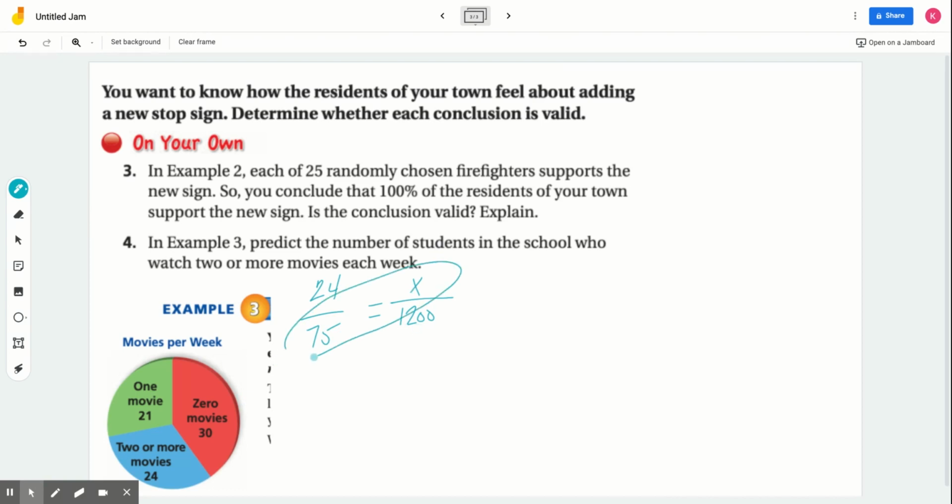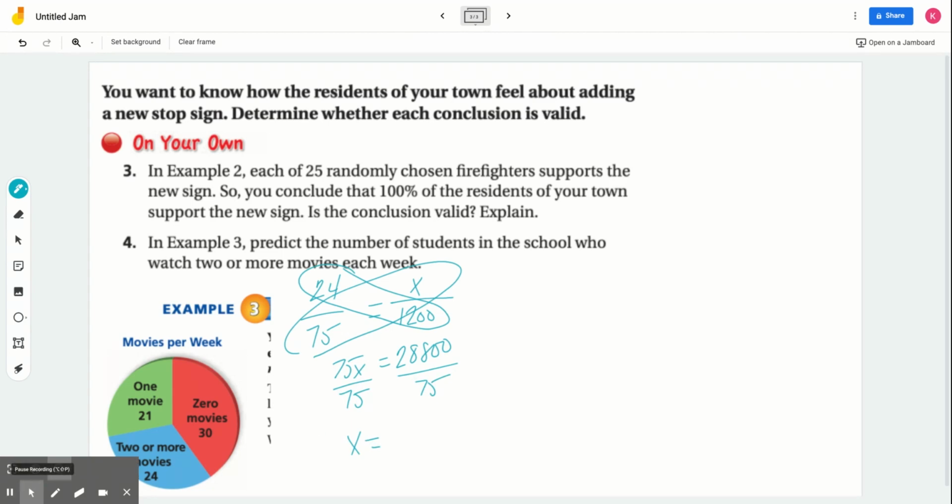So now we can cross multiply and divide. So 75 times x is 75x. 24 times 1,200 is 28,800. We can then divide both sides by 75 to make our prediction.